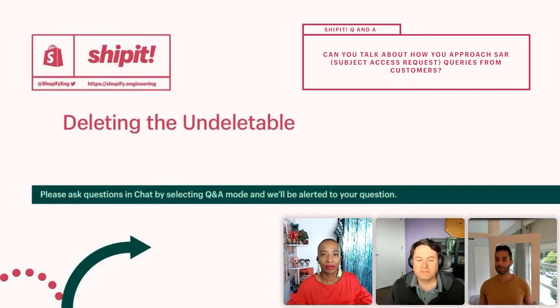From there it's disseminated between all the different data stores or systems at Shopify that store personal information. That central entity keeps track of what subsystems have fulfilled the requirement, or, for example, if it's a deletion, whether they have deleted all the information completely. Once the whole thing is done, it communicates back to the users or the customers.